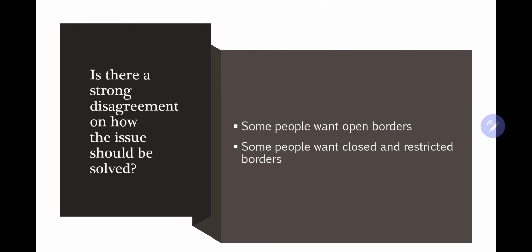Is there a strong disagreement on how the issue should be involved? And we've kind of talked about this. There's people that want open borders. They want to let people in. They don't want documentation. They just think that people should be able to come in of free will. And I don't know that that's the best thing. And then you look at people who want a more restricted policy, close the borders.